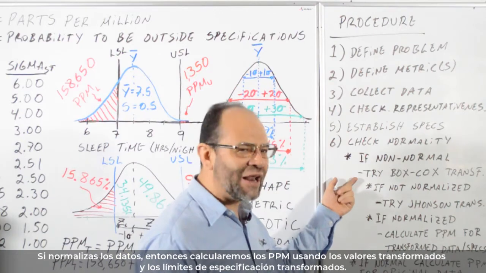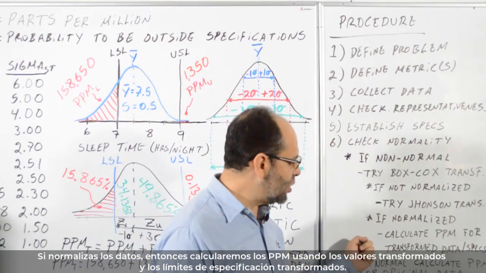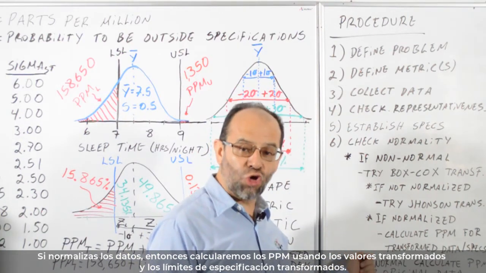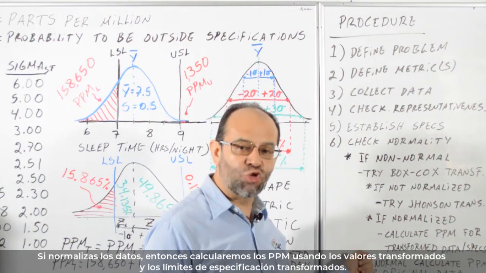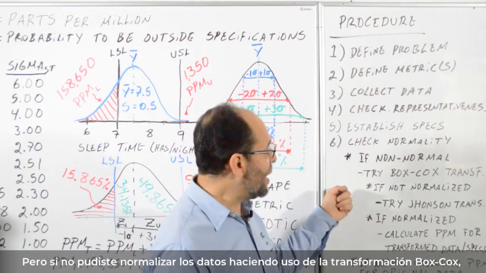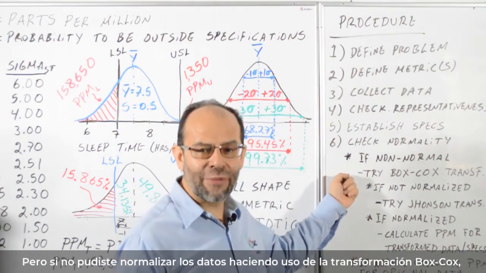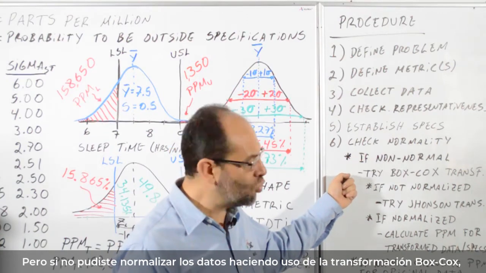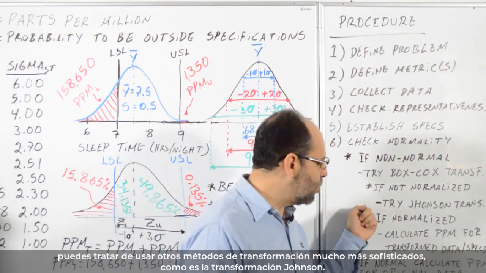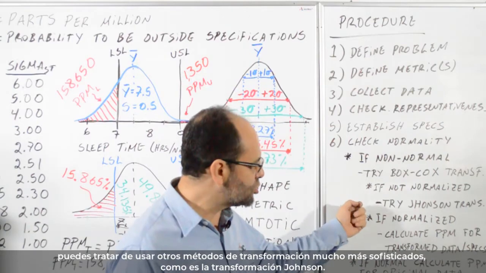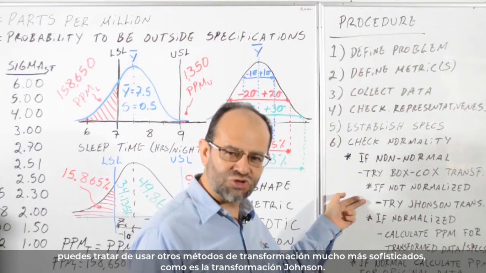If you normalize the data, then you will calculate the PPMs using the transformed values and the transformed specification limits. But if you were not able to normalize the data using Box-Cox transformation, you can try other much more sophisticated transformations, which are Johnson transformation.